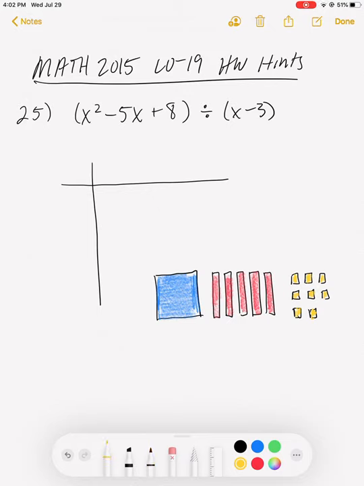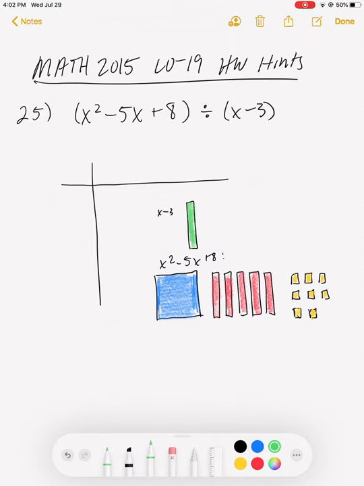So this is my dividend, or my total. I'm also going to lay out my divisor, which is x minus 3. So we have one x bar, and this one's going to be a green x bar because it is positive.